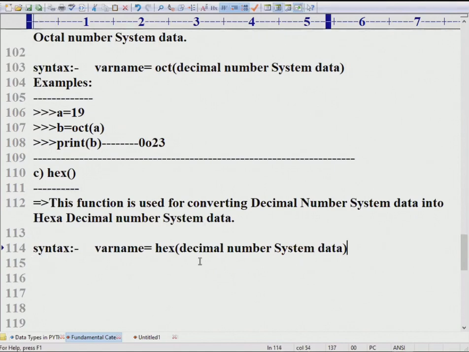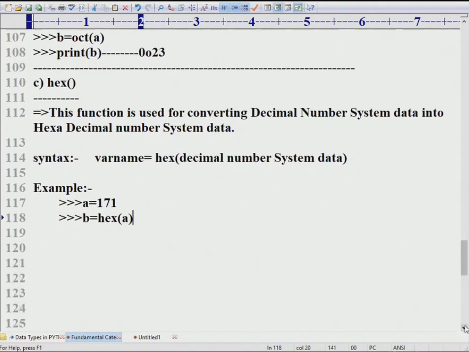If I take an example, I am taking A is equal to 171. B is equal to hex of A. Then print of B. You will get 0xab.